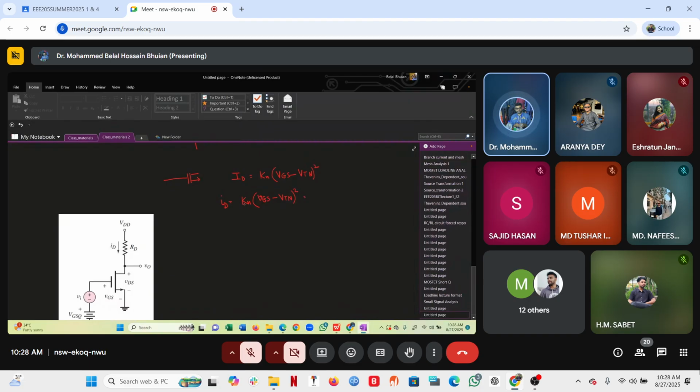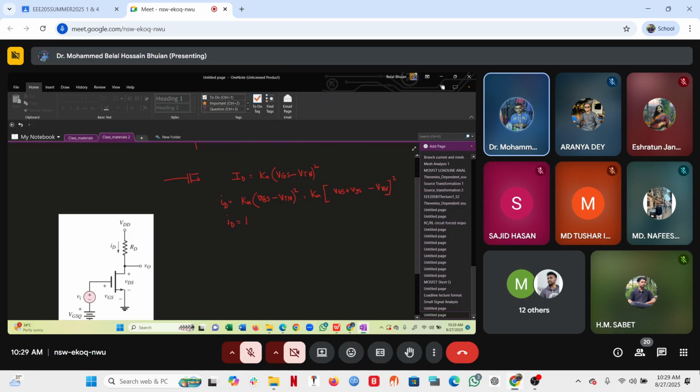So that can be written as Kn times ((VGS plus small signal VGS) minus VTN) whole square.